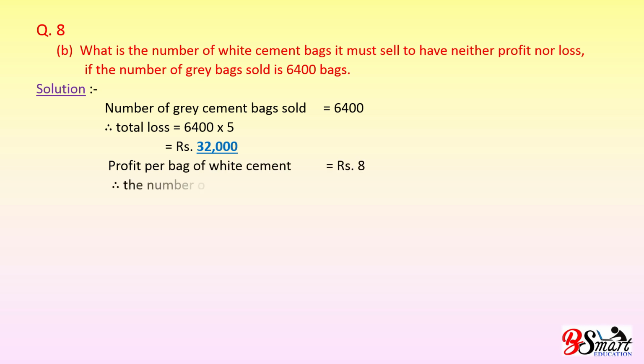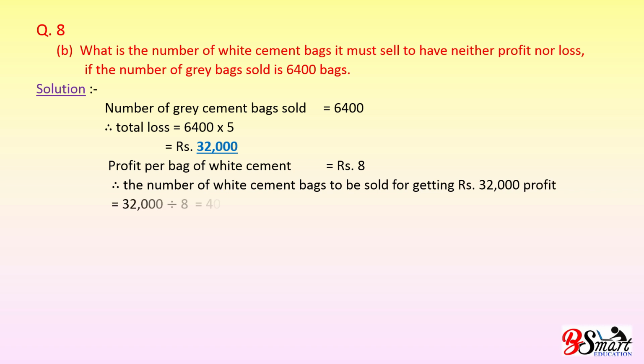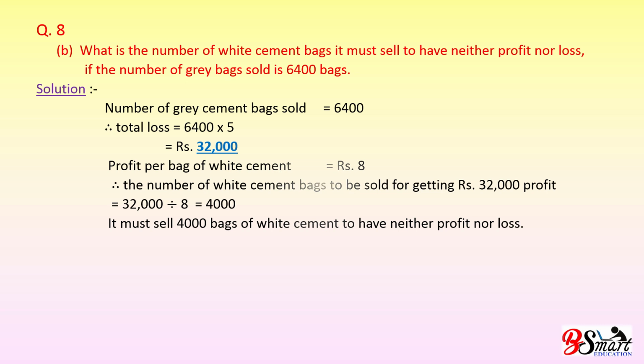Therefore, the number of white cement bags to be sold for getting rupees 32,000 profit is 32,000 divided by 8, which is 4,000. It must sell 4,000 bags of white cement to have neither profit nor loss.